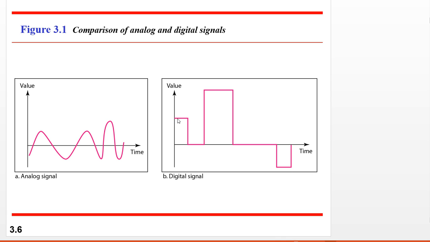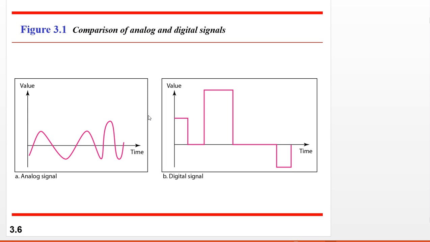The horizontal lines represent the time axis and the vertical lines represent the value, but the values are discrete, not continuous. This is what a digital signal is. Hope this is clear to you, what is analog and what is digital signal.